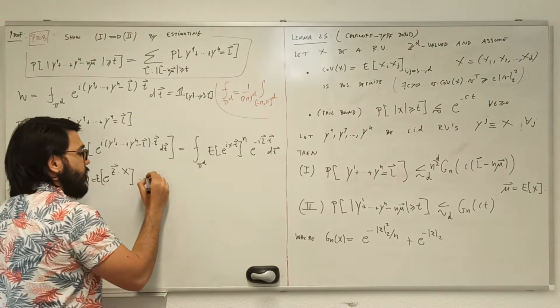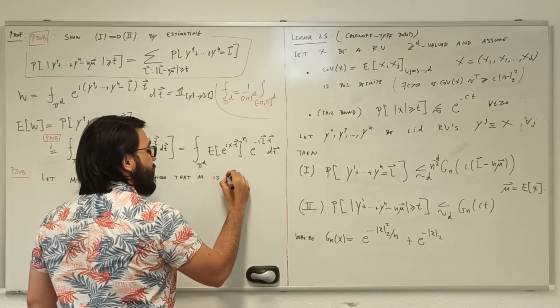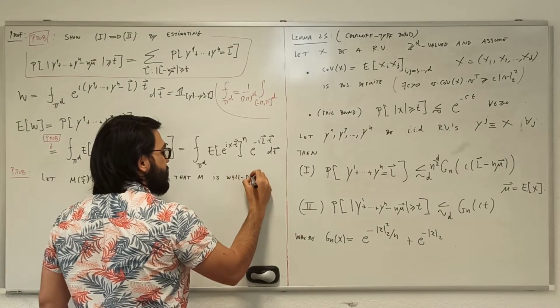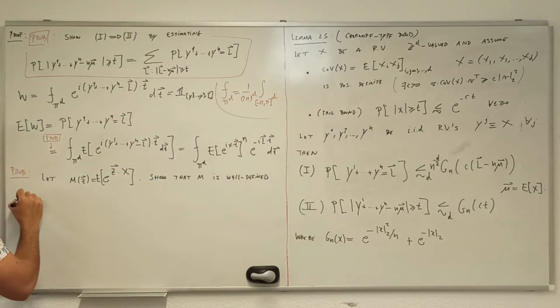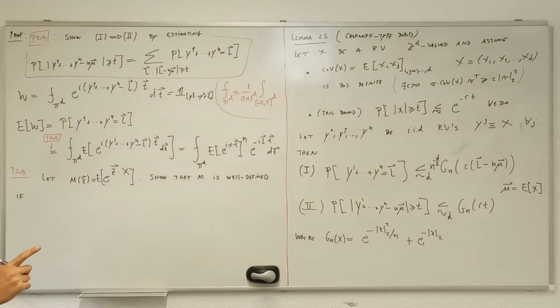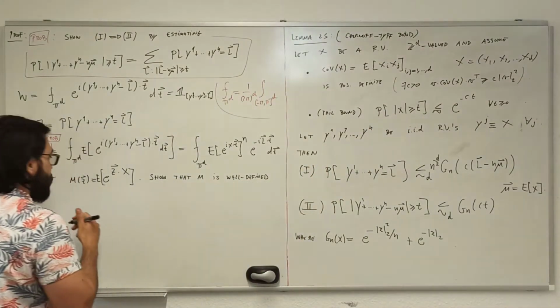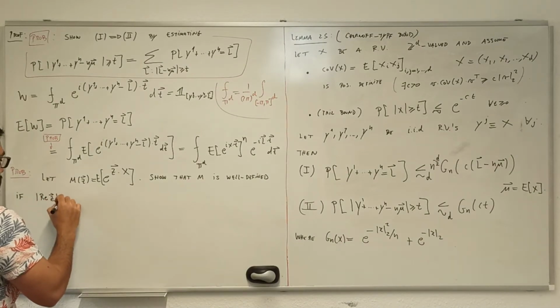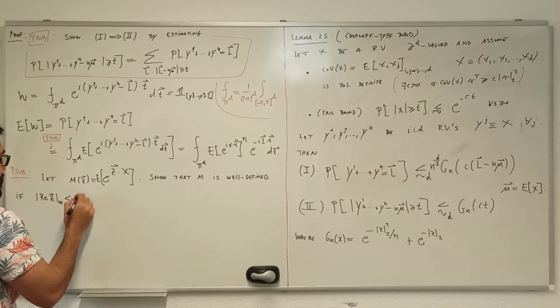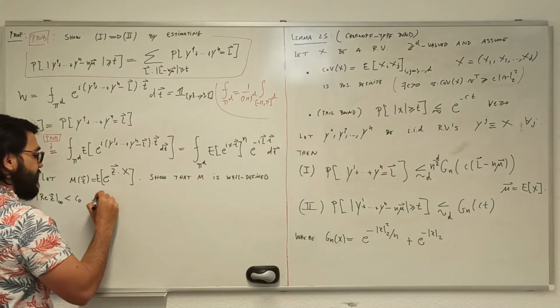Show that M is well defined if, and I have to be careful here, since this is norm 1, I have to put here, if the real part of z, infinity norm, is less than c naught. Okay, and analytic there.